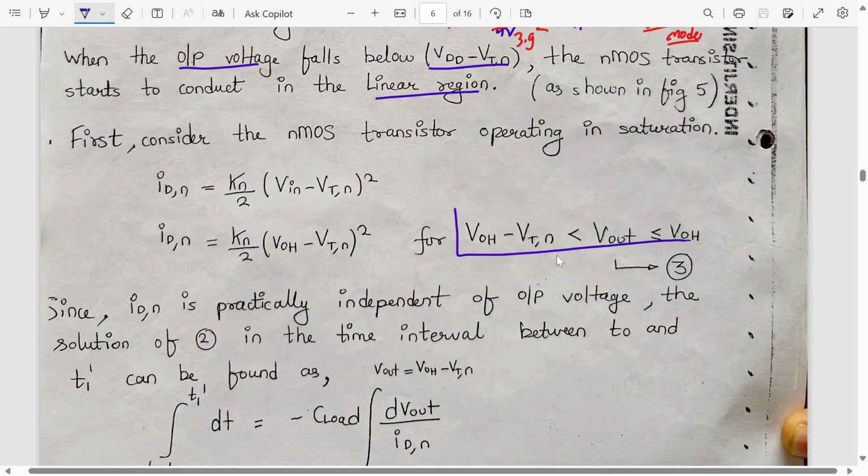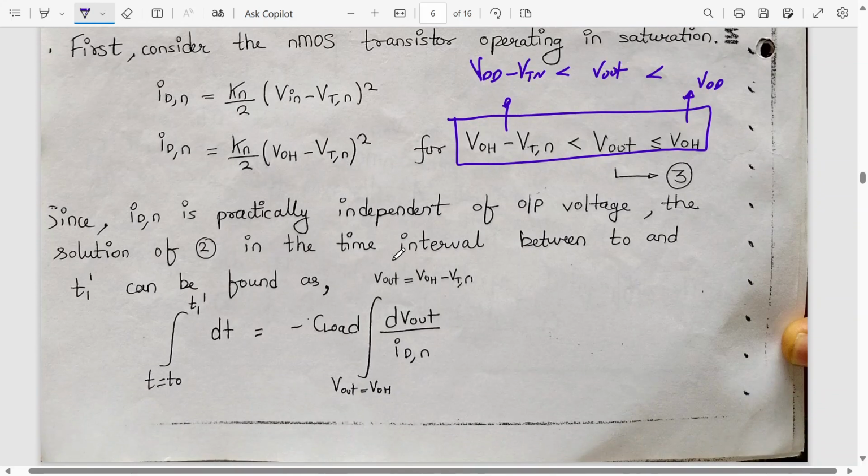In this range, this is VDD and this will be VDD minus VTN. So Vout is less than 5 but greater than 4 volt, for example. IDN is practically independent of output voltage in this range. So the solution for equation number 2 is for the time interval between T0 and T1 dash.